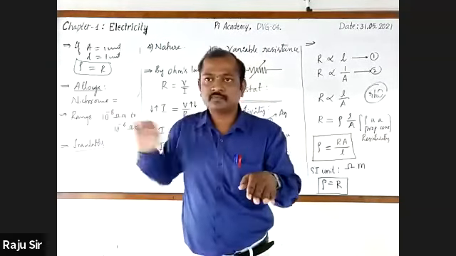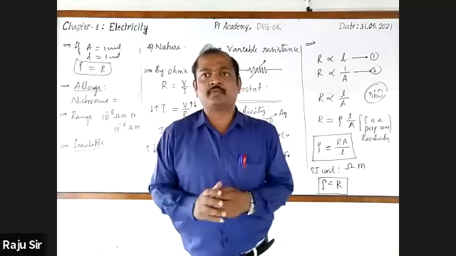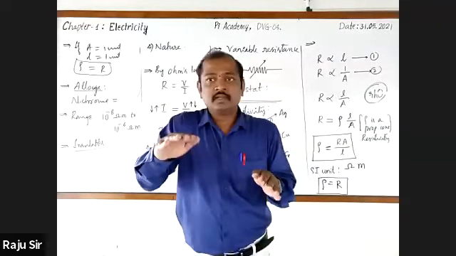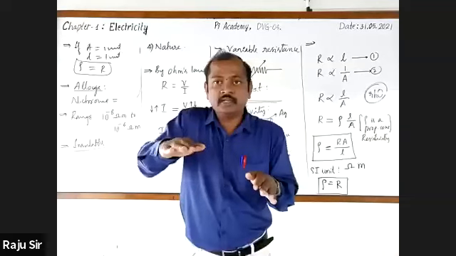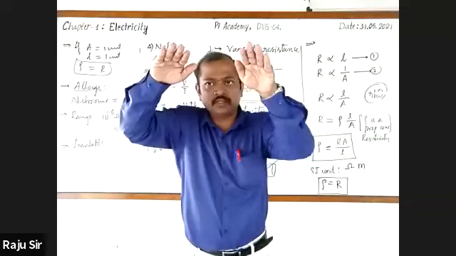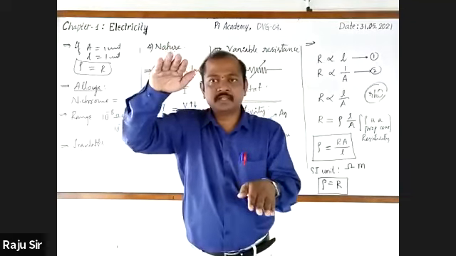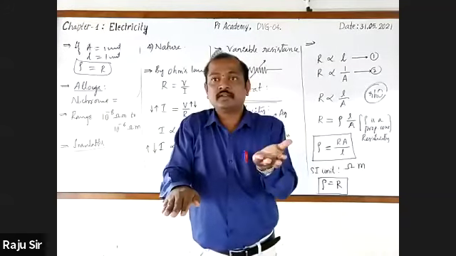Next, resistivity is nothing but the resistance of a conductor of unit length and unit area of cross section. As the resistivity increases, electric resistance increases, then current decreases, right? Did you understand? Yes, sir. As the resistivity decreases, current increases.